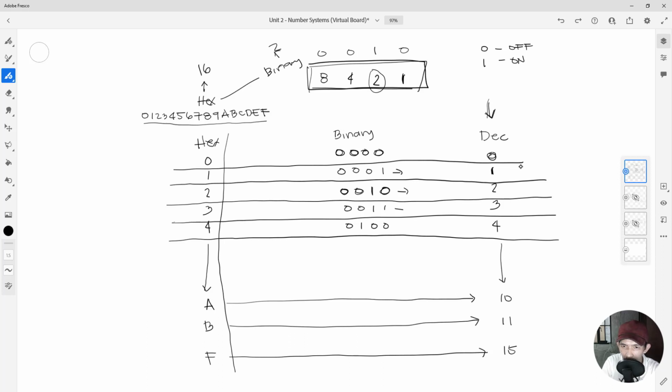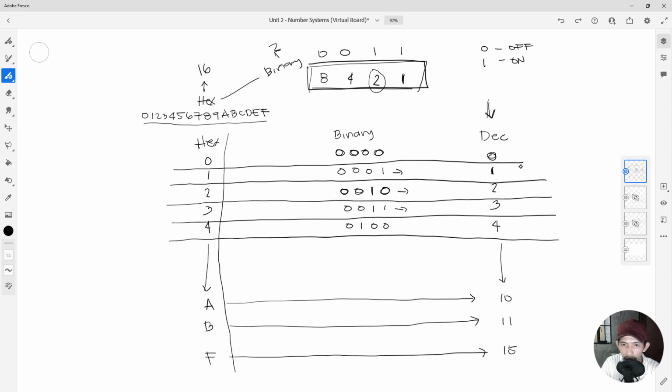Okay, for 3, this is an interesting one. So how did we get 0, 0, 1, 1? We turn on the 2, then we add the 1 to make 3, right? And then the rest will be 0.